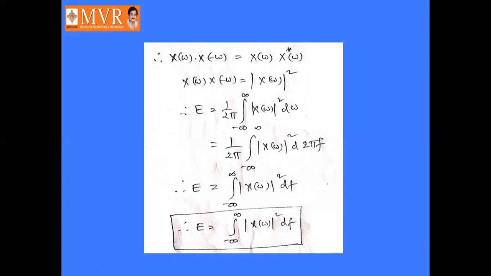So E equal to 1 by 2 pi integral from minus infinity to infinity mod x of omega square d omega, or 1 by 2 pi integral mod x of omega square into d 2 pi f. So 2 pi gets cancelled, and E equal to integral from minus infinity to infinity mod x of omega square into df.